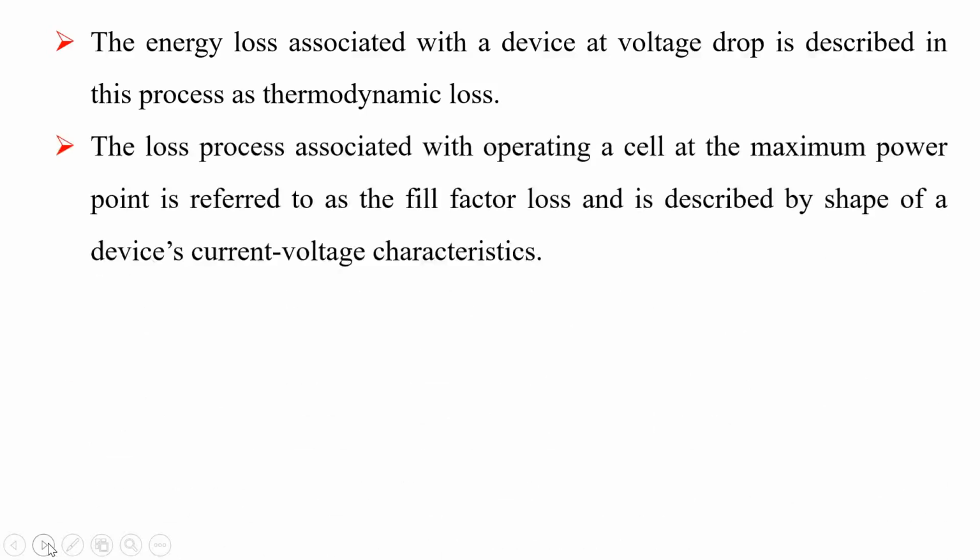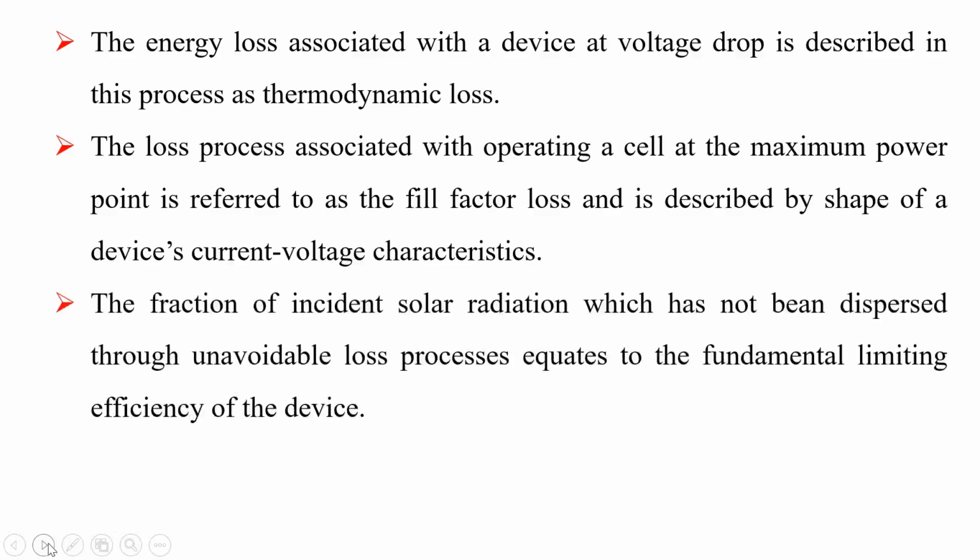Another loss of a solar cell is the loss process associated with operating a cell at the maximum power point, referred to as the fill factor loss, which is described by the shape of a device's current-voltage characteristic.